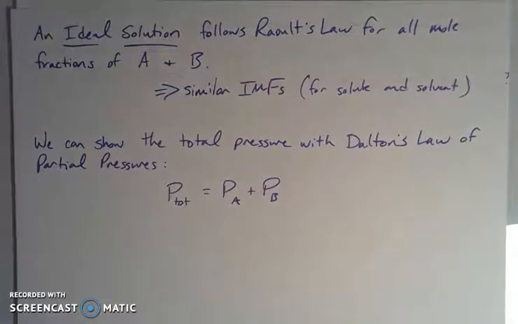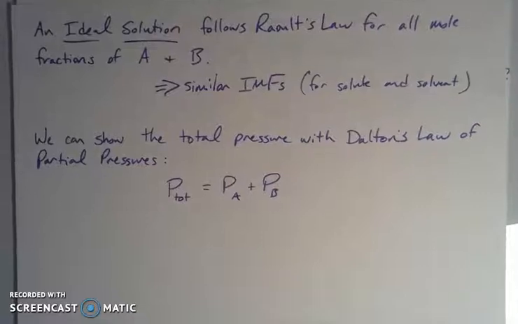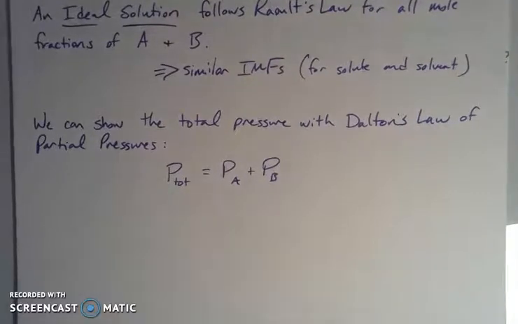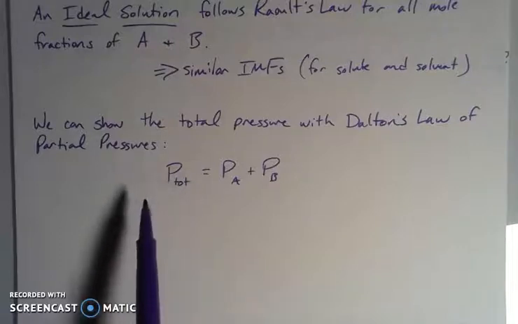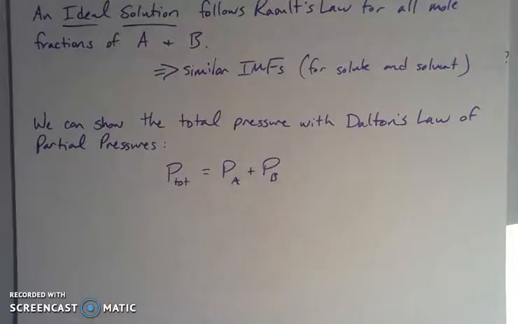If you have two things that are really different, they aren't really going to mix all that well, right? That's that golden rule of solubility, like dissolves like. But in an ideal solution, these things fit really well together, and we can use Raoult's law to talk about the vapor pressure. So we can show the total pressure of the system using Dalton's law. Dalton's law of partial pressures says that the total pressure of the system is equal to the sum of the partial pressures.